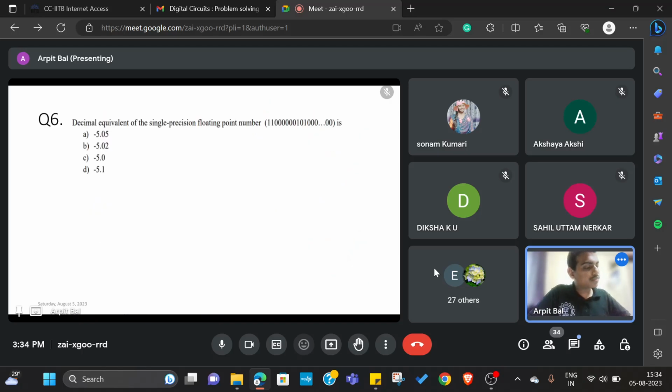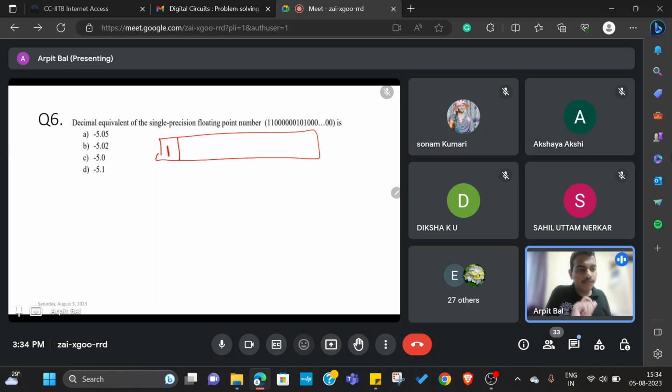Then moving on to the next question. In question number 6, we need to find the decimal equivalent of the single precision floating point number. Let us try to separate it out into the fields.